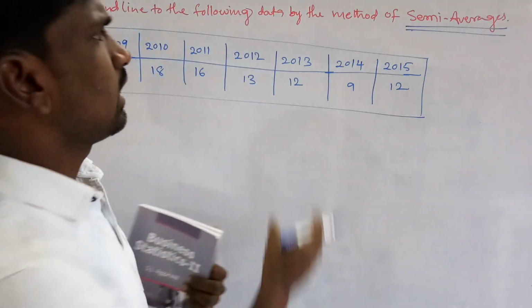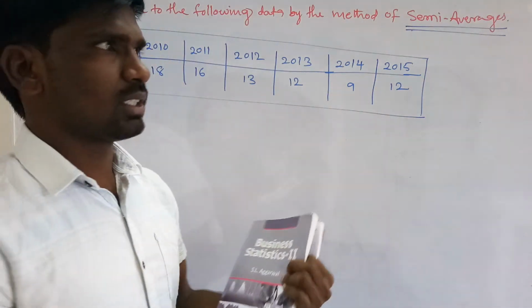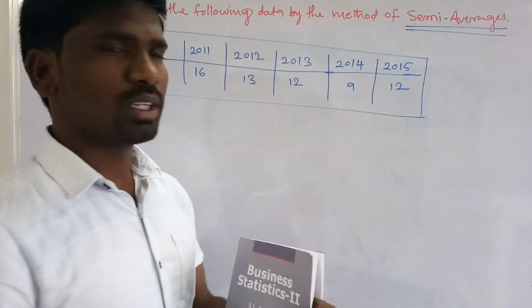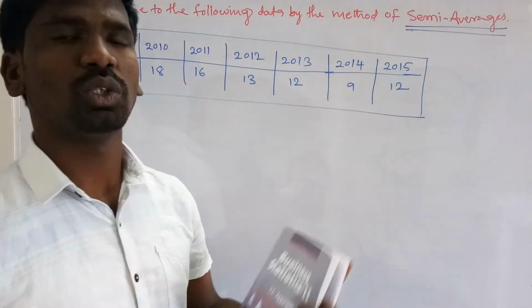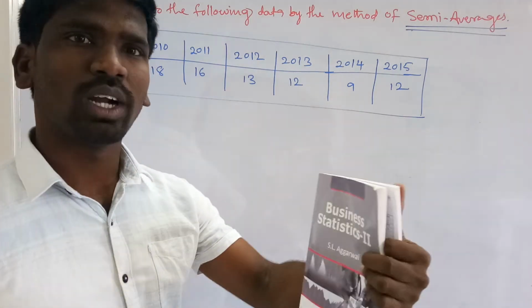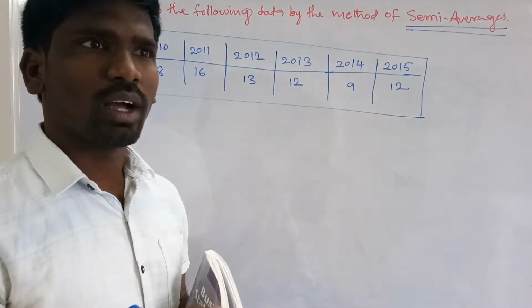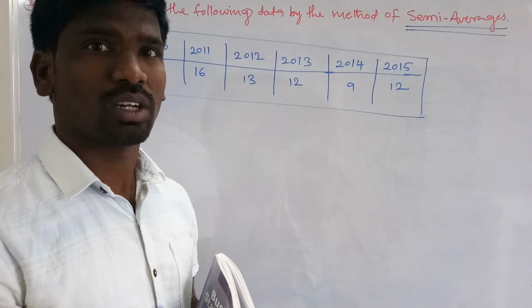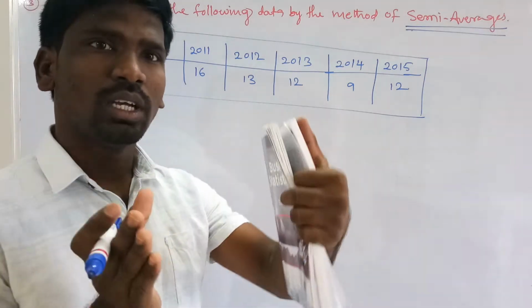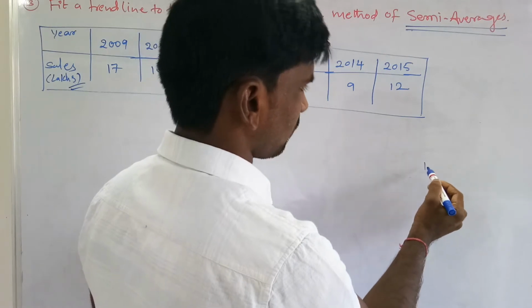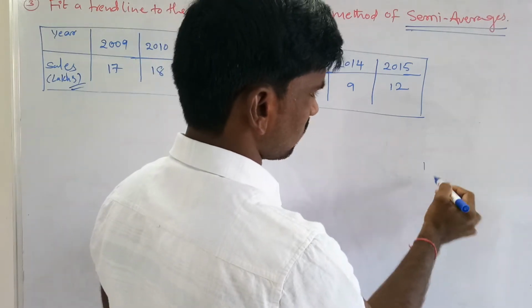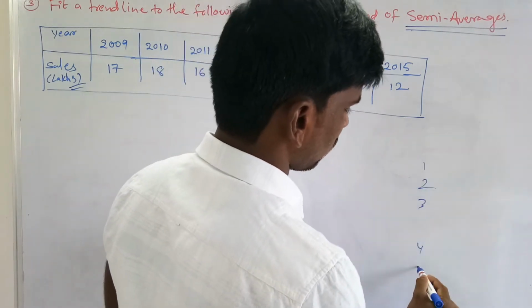So we divide the data into two equal parts. In the semi-average method, the data which is given in the question is divided into two equal parts. After dividing into two equal parts, we have to calculate the average or arithmetic mean of each part separately. For example, there are two parts of data, 1, 2, 3 and 4, 5, 6.